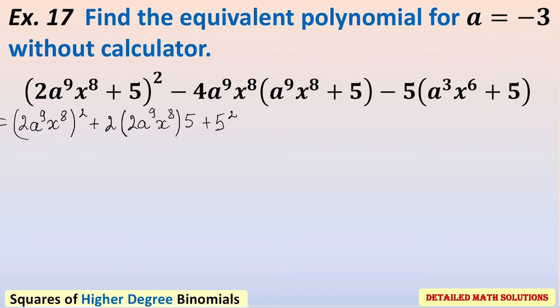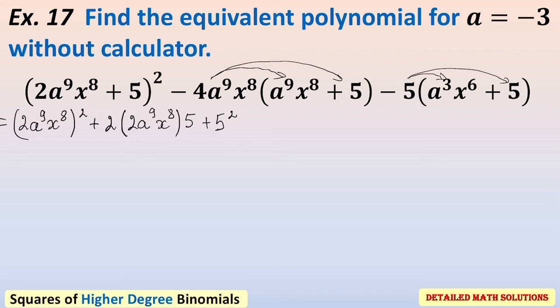Next, I need to use the distributive property for the other two terms and open parentheses. I need to multiply the 4a to the 9th power x to the 8th power with each term within the parentheses. I also need to multiply 5 with each term within the parentheses.